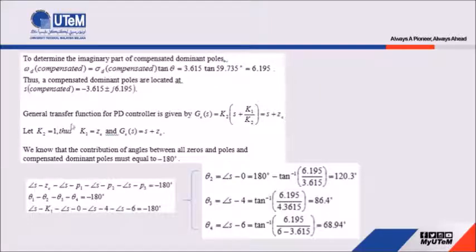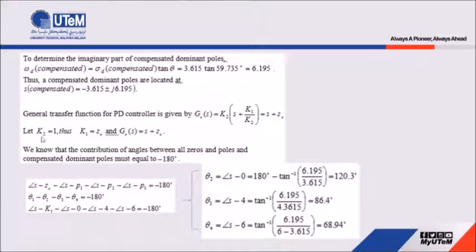The general transfer function for a PD controller is given by this equation, where Gc(s) equals K2 times (s plus K1 divided by K2). This equation is also the same as this, s plus zc. So in order to get this Gc(s), first we have to assume one of the values for K1 or K2.